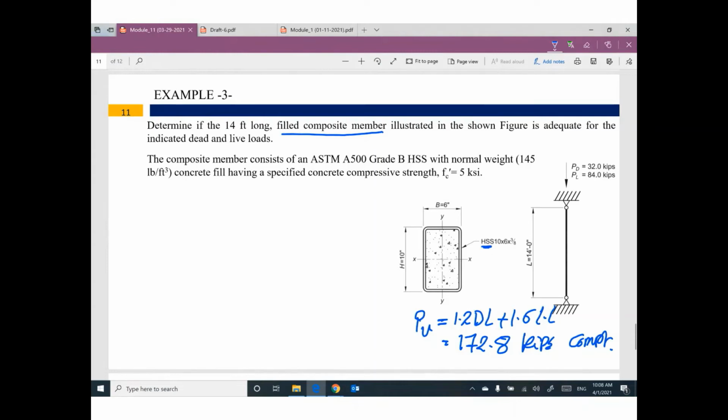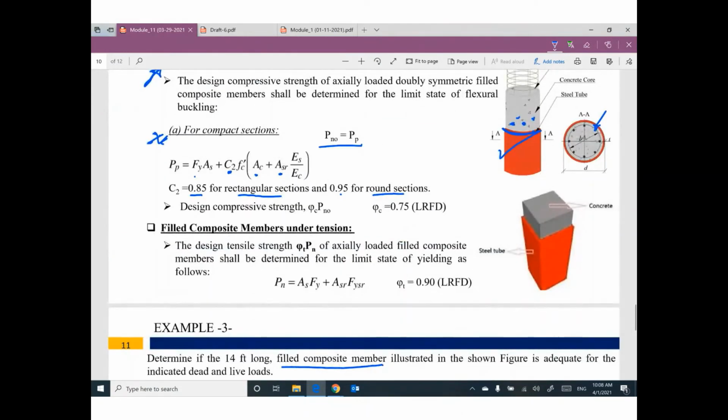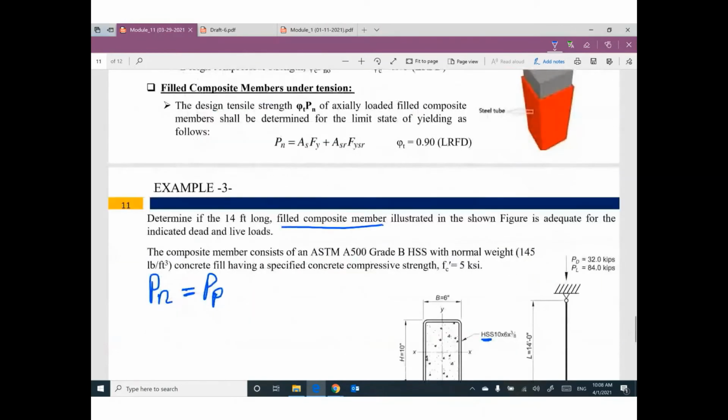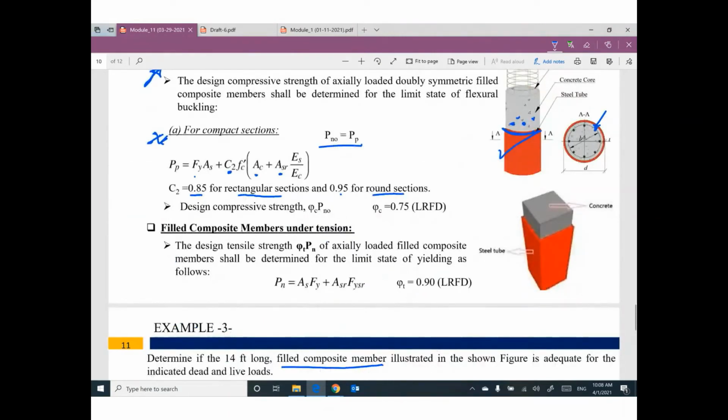Because this is a filled composite column, the value of Pn equals the value of Pp. So your value will be Fy times As plus C2 f'c times Ac plus As reinforcement times Es divided by Ec.